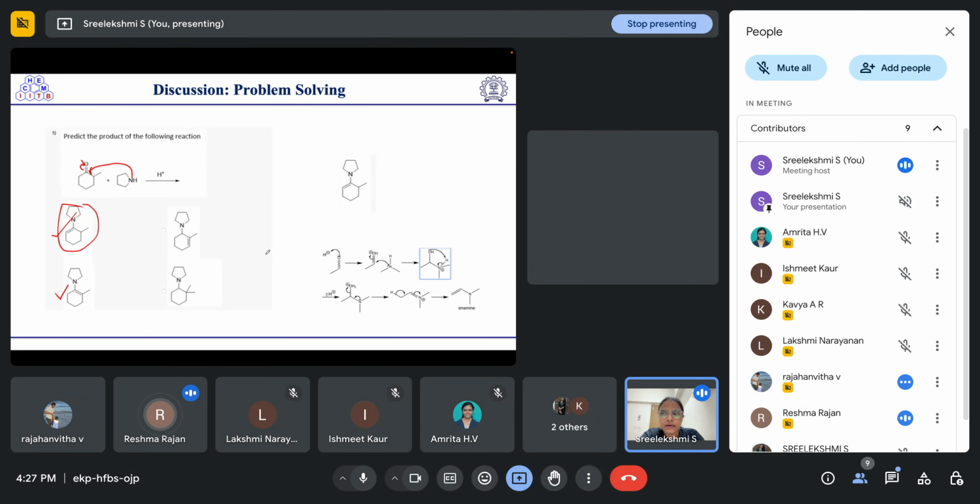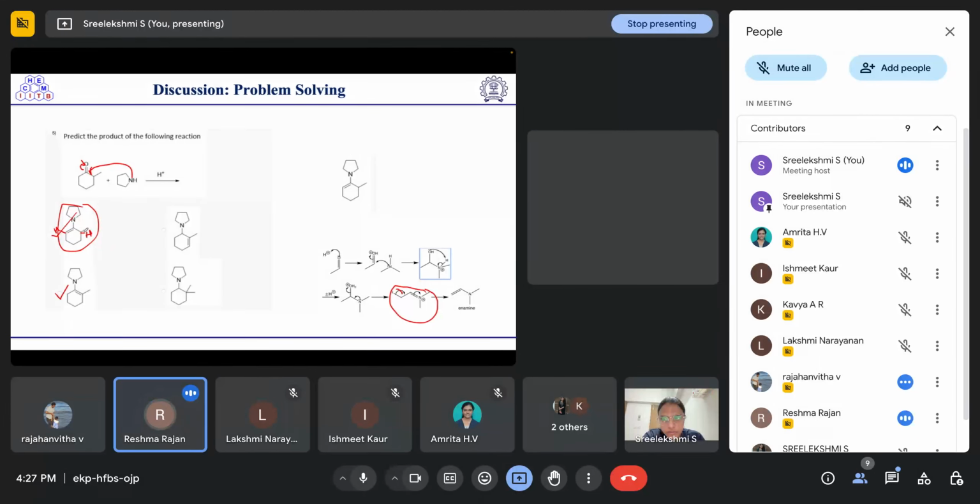I think the reason is that in this mechanism, once this intermediate is formed, the proton on that carbon is transferred, and that forms this double bond. Two options are there: this bond can shift, or this bond can shift.